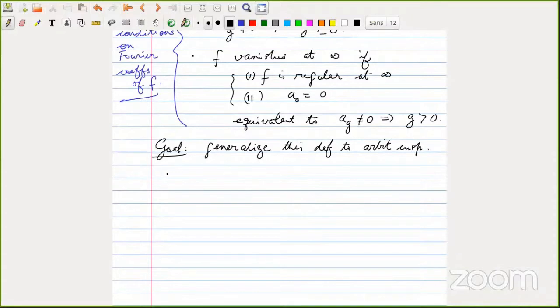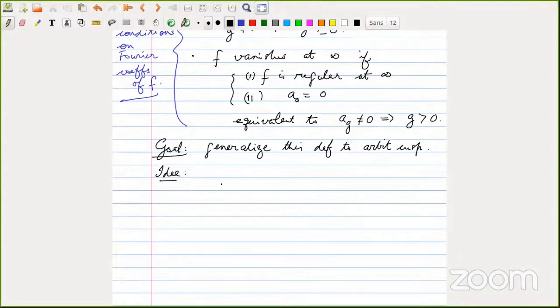So what is the idea here? The idea is that I will take an arbitrary cusp, I will conjugate it to the cusp at infinity, and I'm going to use the condition there to define vanishing or regularity.